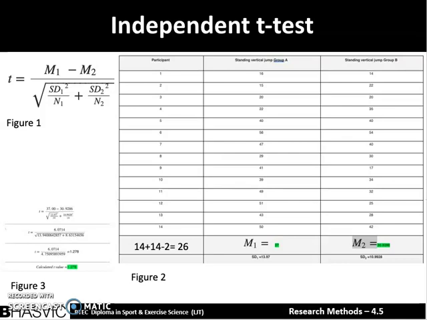In this case, the critical value is 2.056, which means we accept the null hypothesis as there is no statistical significance. The calculated value is lower than the critical value. This is why there is no statistical significance.